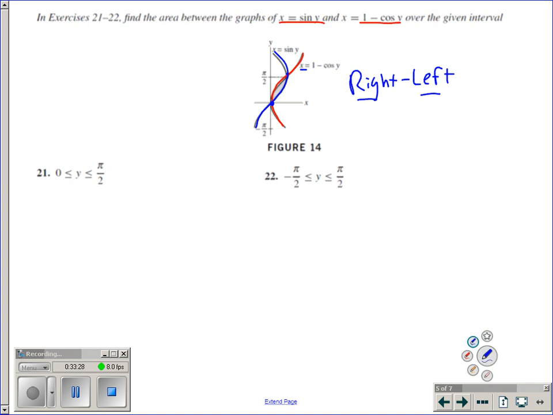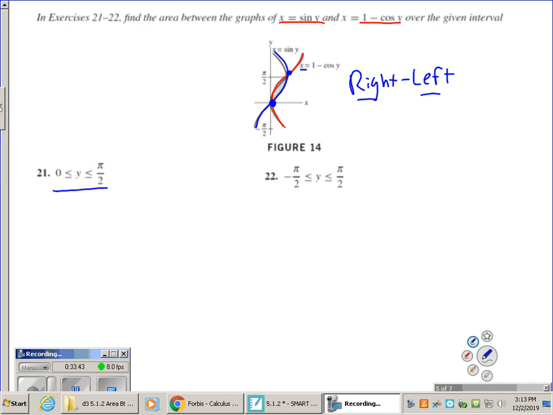Here it says that we're doing it from 0 to pi over 2. Nice. Well, that's not too bad. So I got my bounds. It's already giving me my y bounds. I don't need to worry about finding an intersection here.